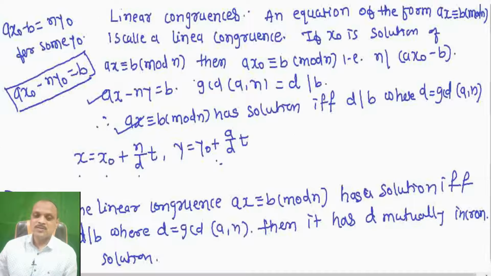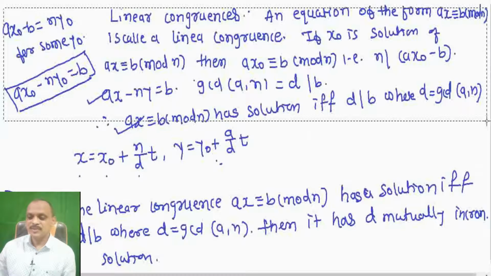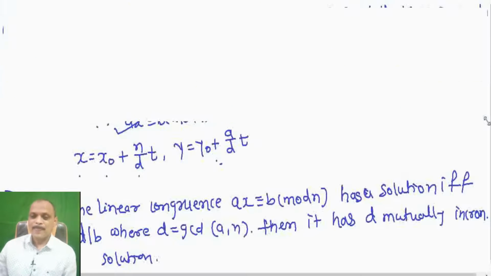Now let us put the values t equal to 0 to d minus 1 in this expression. Suppose this t varies as 0, 1, 2, up to d minus 1.